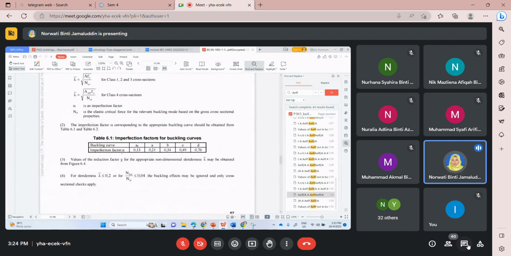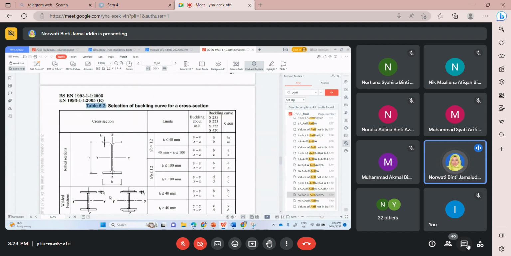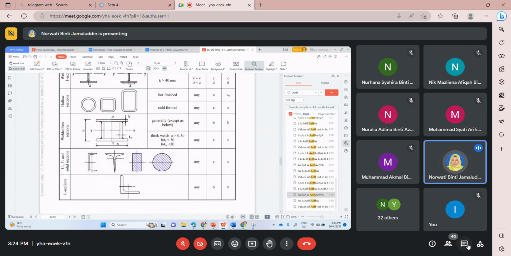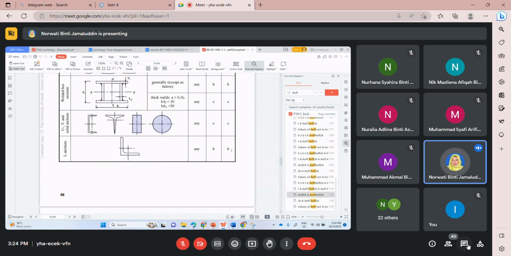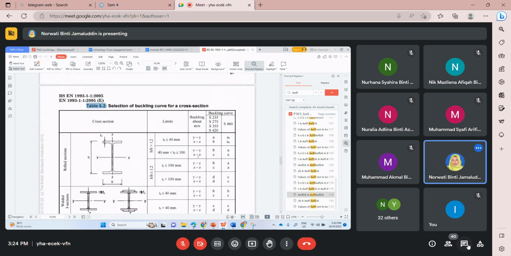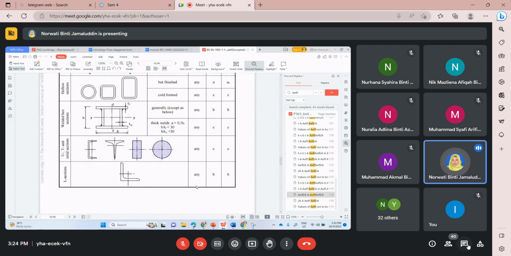Alpha is from table 6.1, but table 6.1 requires the buckling curve. To determine the buckling curve, refer to table 6.2 first. Since we are using angle, according to table 6.2, it said buckling about any axis.